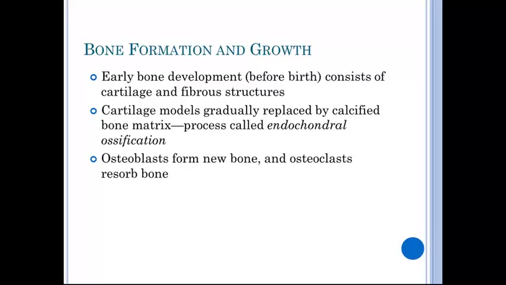Osteoblasts form new bones, and clasts reabsorb that bone. New bone cells lay down organic material followed by calcium salts. That's why it's so important to have an adequate source of calcium to form that new bone.